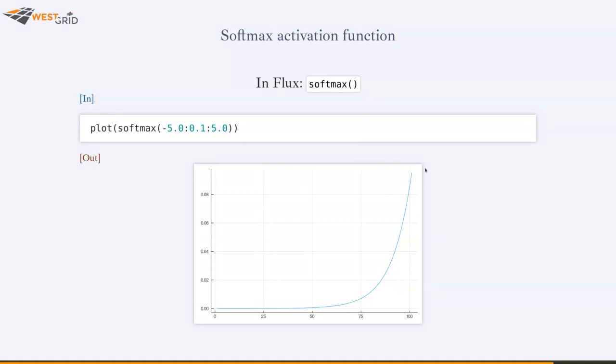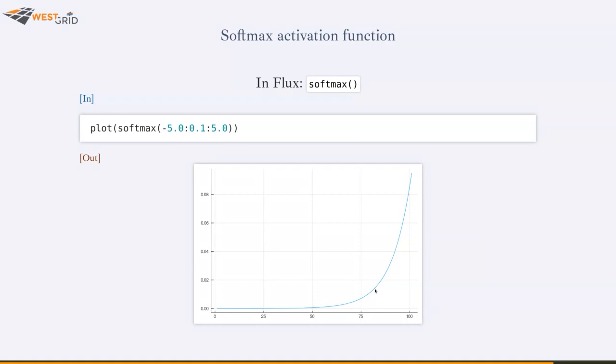The softmax function in Flux is, again, very easily written as just softmax. And here is an example of softmax. Now, this is one shape that softmax can take. But while the ReLU will always have the same overall shape, that's not true of the softmax function.